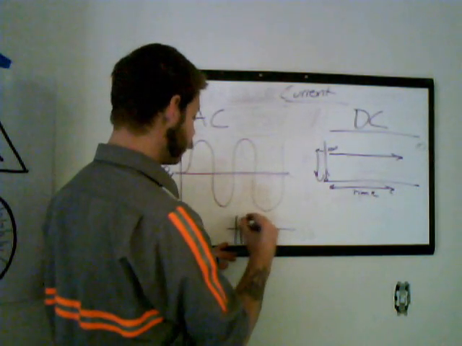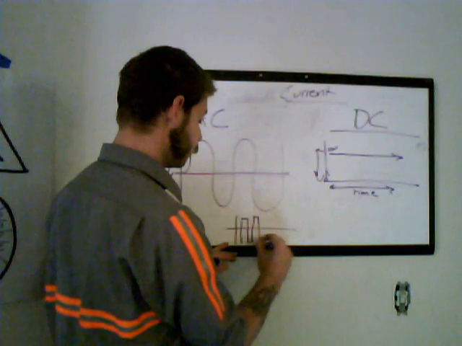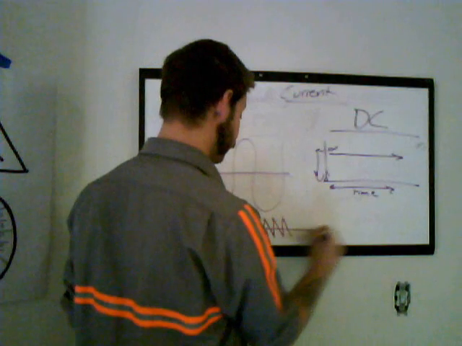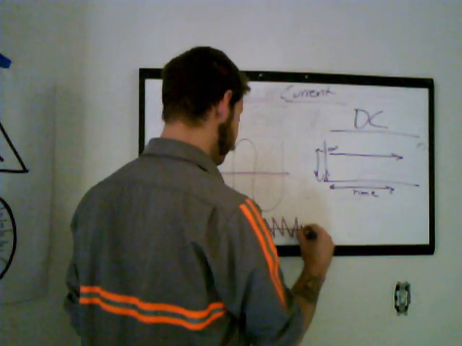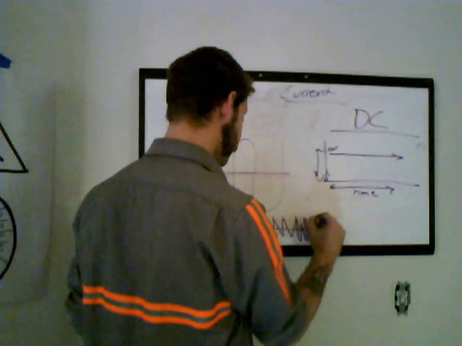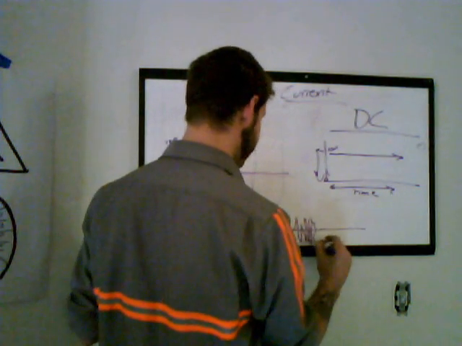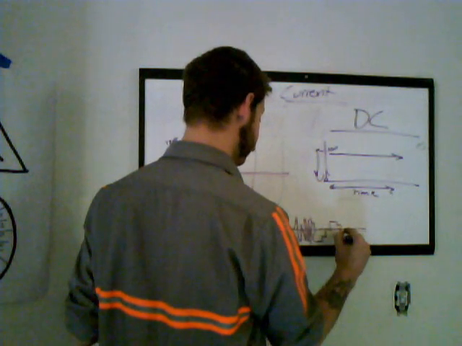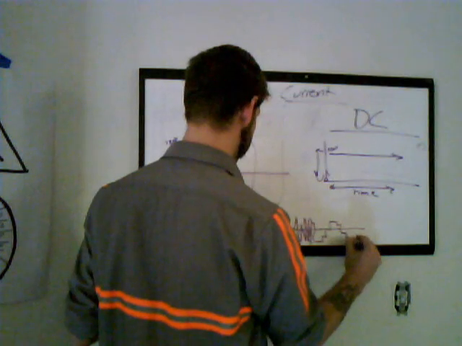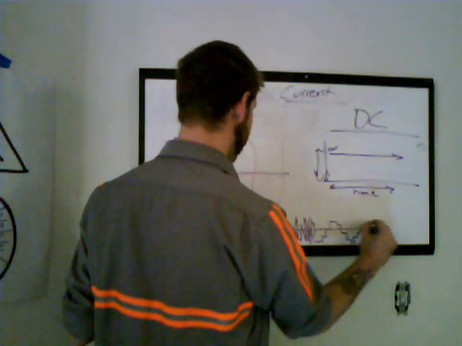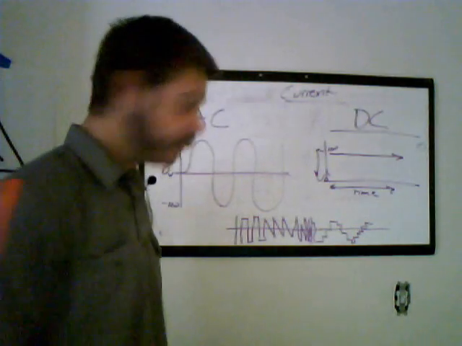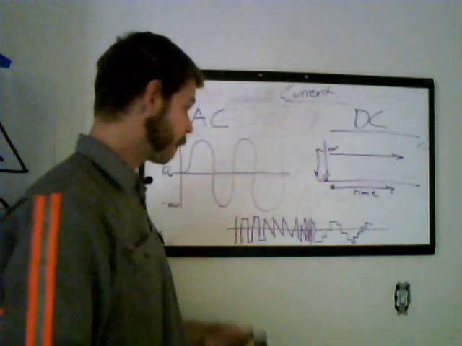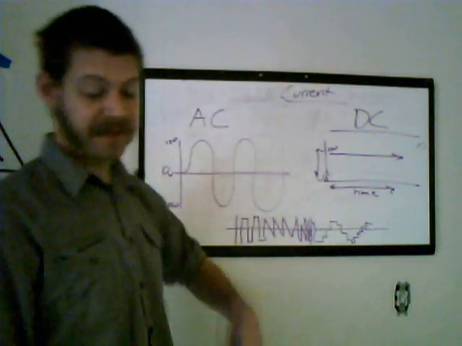Other AC waveforms: you can have square waves, you can have sawtooth waves, you can have a noise wave, which is pretty random. You can have a modified square wave, which looks like little stairs. We'll cover those when we cover inverters. And just so you know, this isn't the only wave it can have.